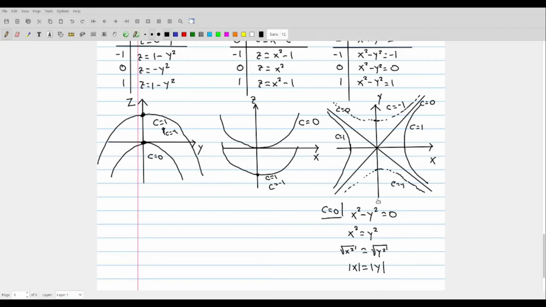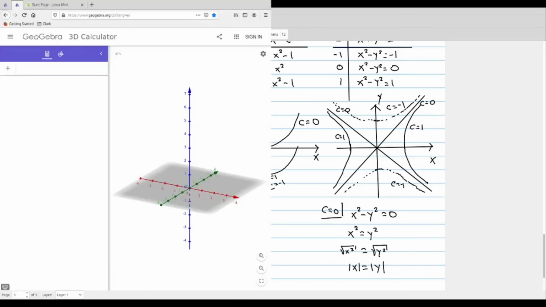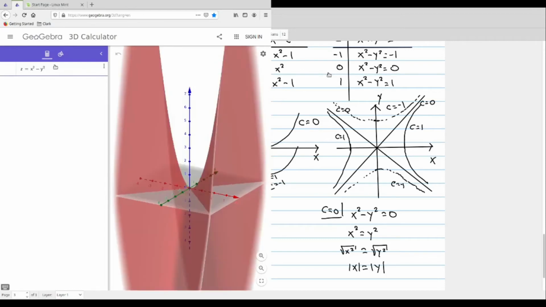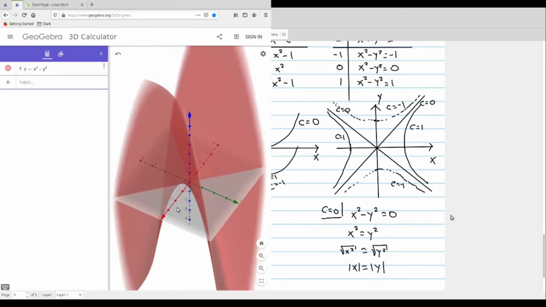But if we open up GeoGebra again and take a look at this, we can see this directly. So this is exactly the shape that we're talking about.